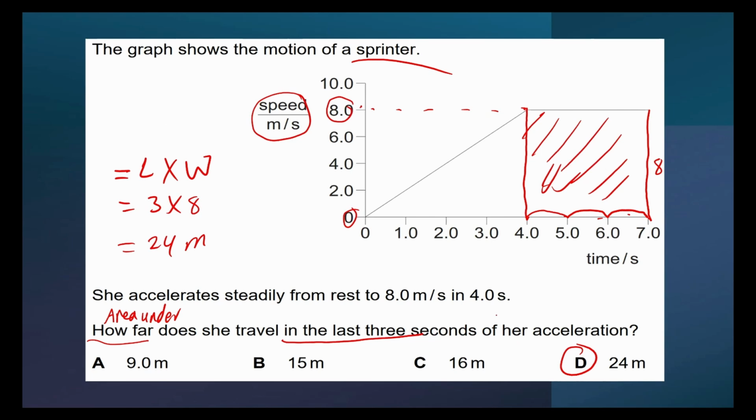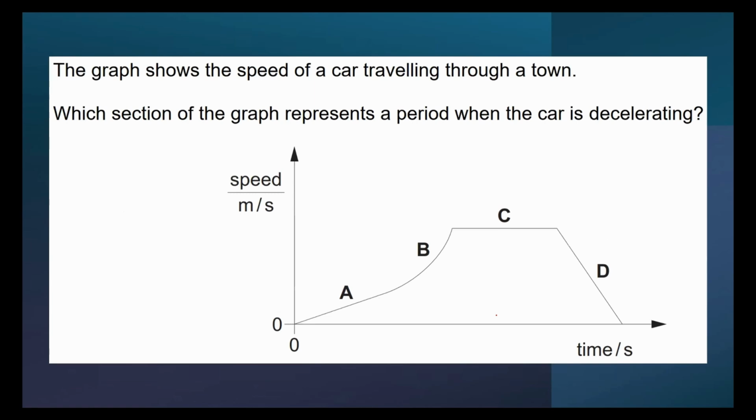Good. Let's have another question here. In which part is the car decelerating? Decelerating means the speed decreases. Okay, we have here a speed time graph.